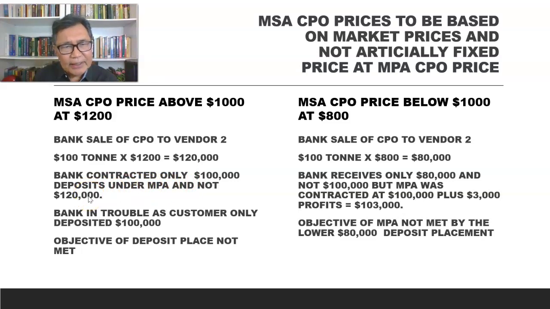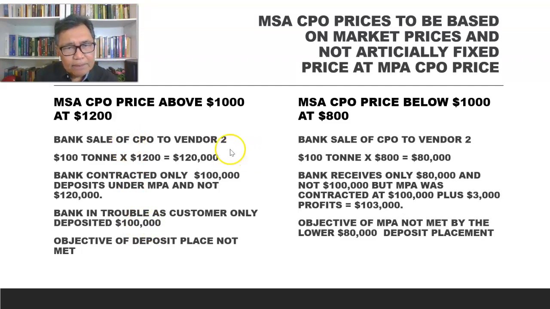So the MPA contract that was conducted before the MSA has specified that the deposit is 100,000, but the MSA now has registered a deposit placement of 120,000, and this is the problem because the bank will be in trouble as the customer has deposited a sum of 100K that was made earlier in the master purchase agreement.